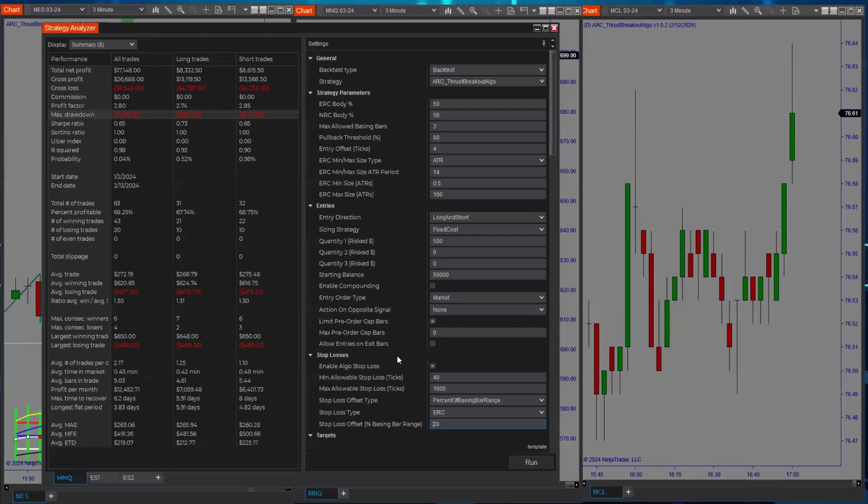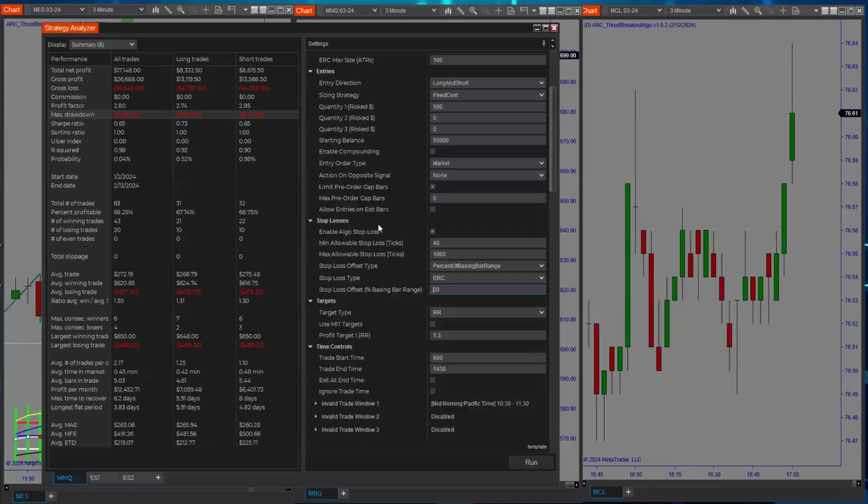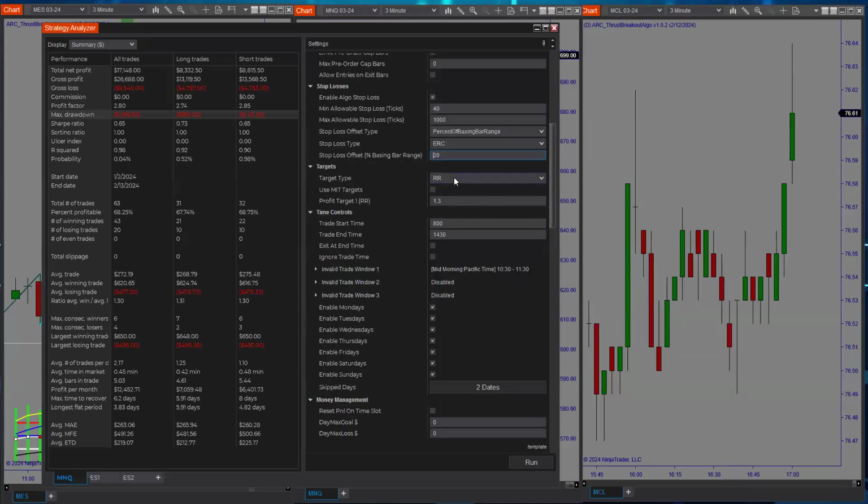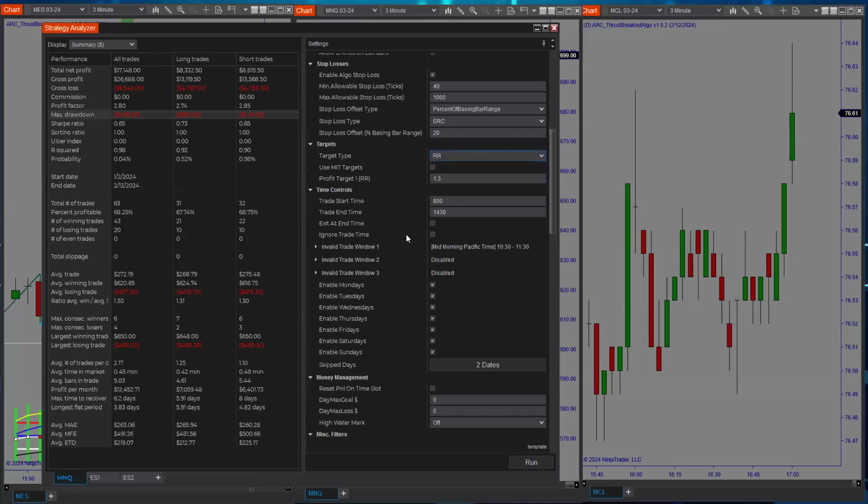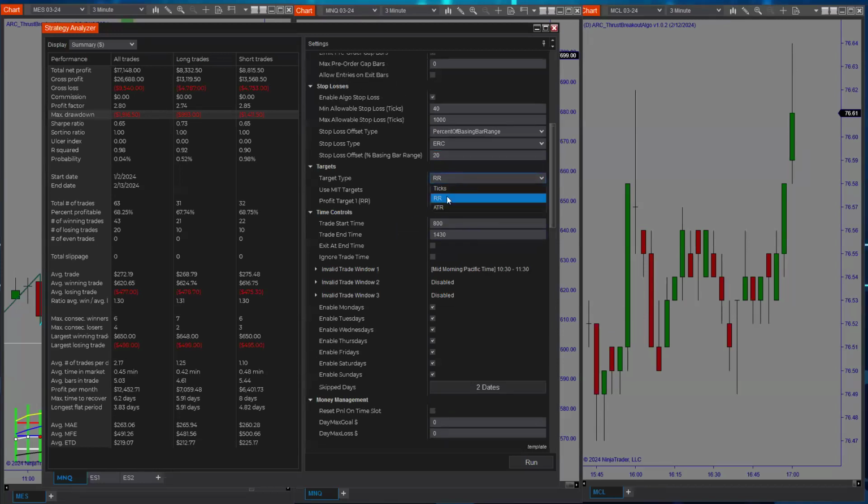Can you show multi-targets with trailing? Yes, we can do that. You can do multiple targets. If you're doing target type risk reward, let me see something here.